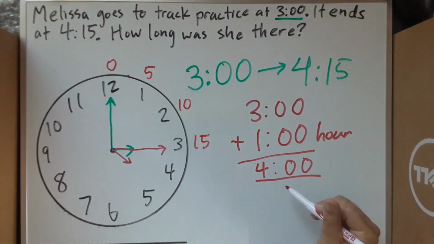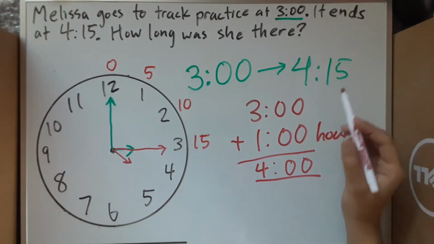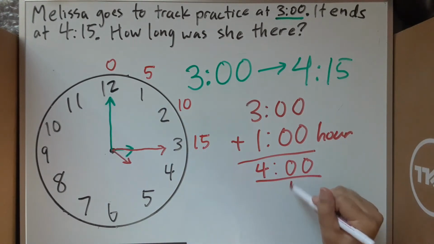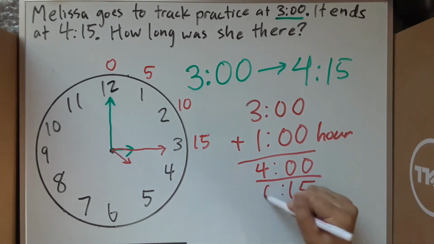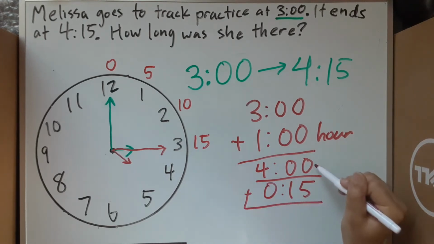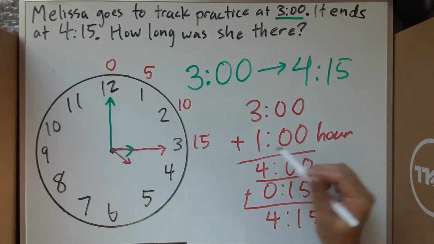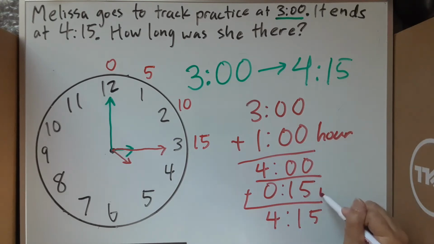Now, from 4 o'clock to 4:15, we would add 15 minutes. So, if we add 1 hour and 15 minutes, we have 4:15.